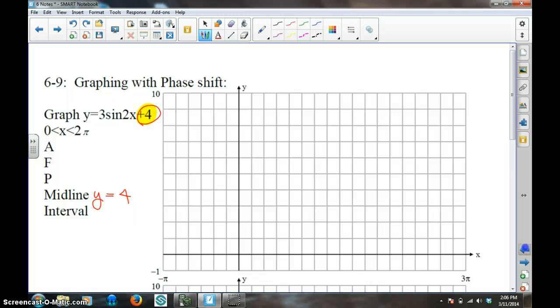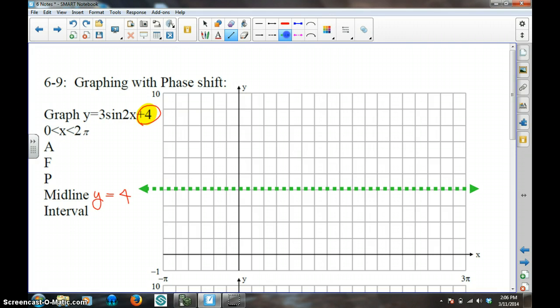That's my midline, and when you have a vertical shift to do, it will always be the first thing that you do. Once you've decided on that vertical shift, you just draw it. So I'm going to go to a height of 4, and I'm going to put in a new x-axis, and I'm going to pretend that's my x-axis, and I'm not going to look at the old one.